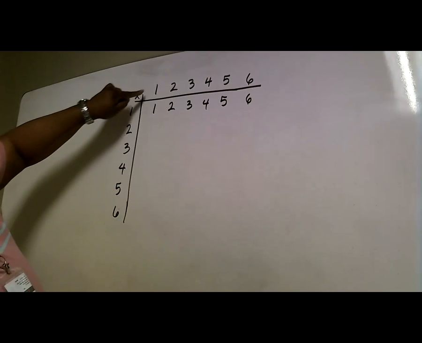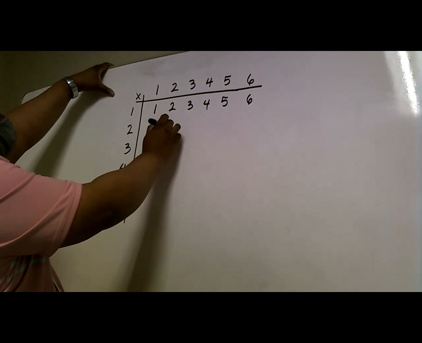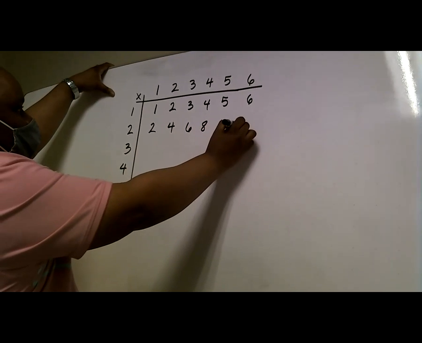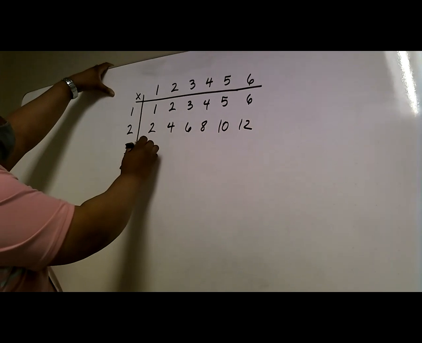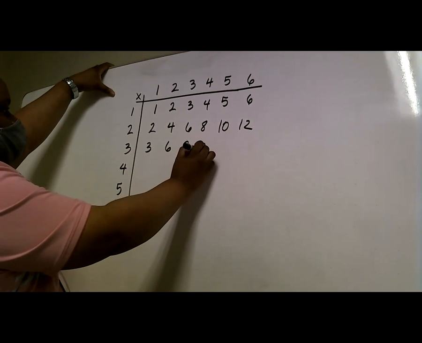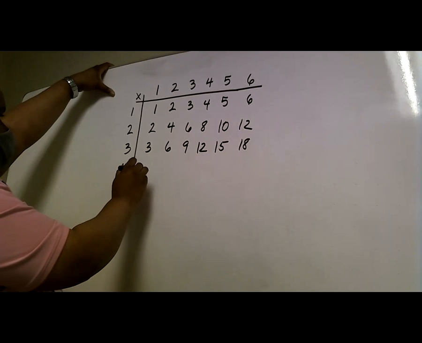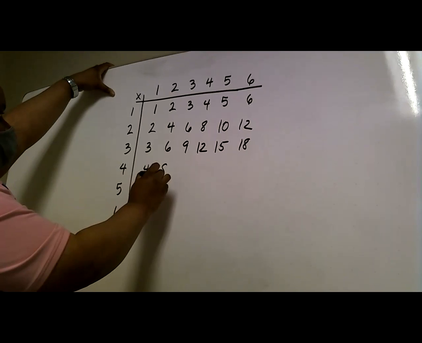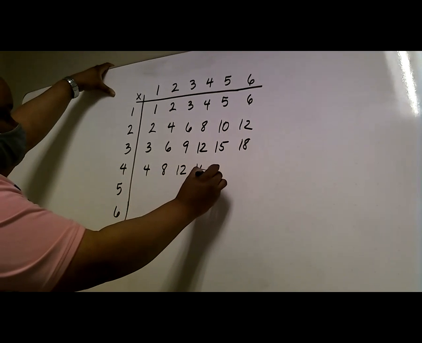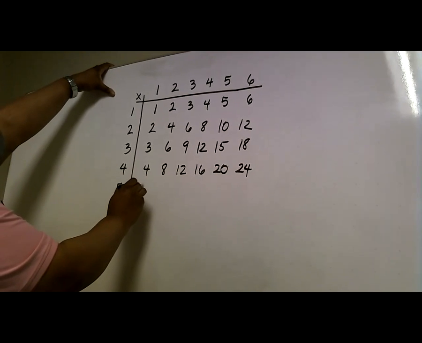And then 2 times each number: 2 times 1 is 2, then 2 times 2 is 4, and so on. Then 3 times 1 through 6, 4 times 1 through 6, and then 5 times 1.